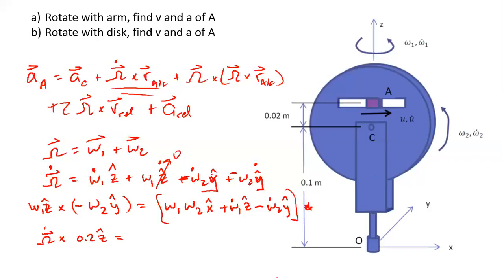Let me see where my other one comes in. I think the other one is in the omega cross R. Yeah, that's what I'm sort of going through now.